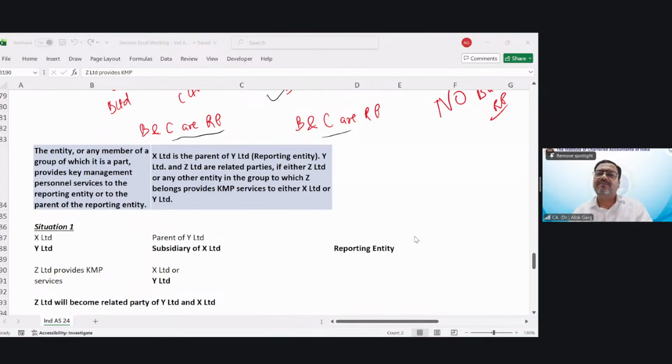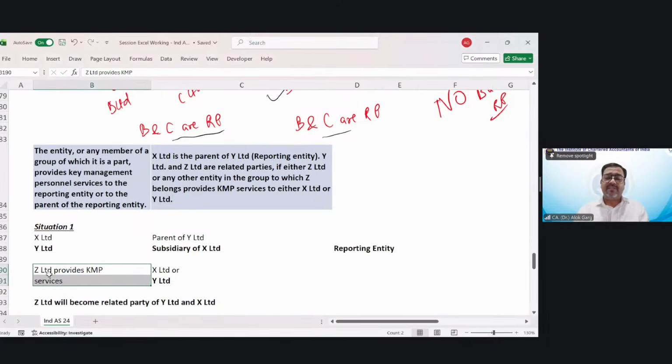So instead of hiring a direct CFO, they engage CA firms who provide virtual CFO services, and they will charge, for example, 40 lakh, 30 lakh, 50 lakh rupees. So these are virtual CFO services.